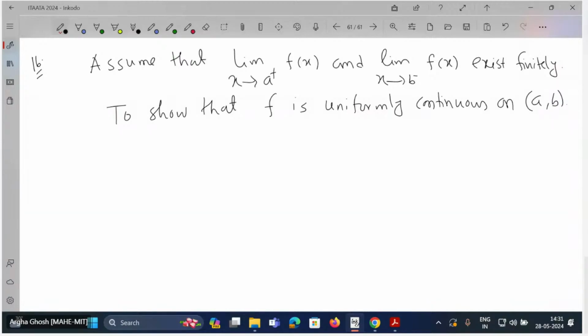Somehow if you can get a function whose value is the same as the value of f on the open interval (a, b), and that function is uniformly continuous on the closed and bounded interval [a, b], then you are done. So try to find a function g which will be the same as f, but that function will be uniformly continuous. Then you are done.